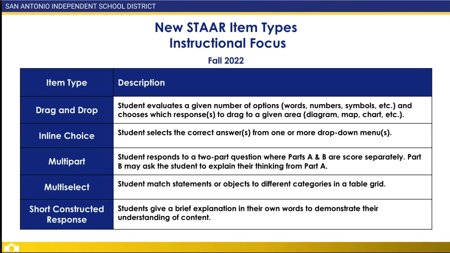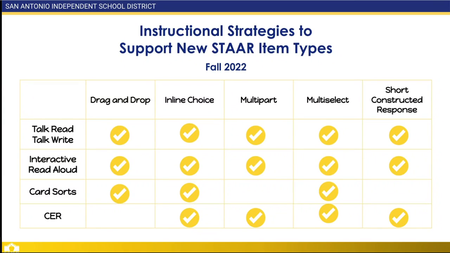Now let's take a look at some classroom instructional strategies that will support students. The Curriculum Instruction and Assessment Department have developed the following template to be shared with teachers to support them with 4 instructional strategies to prepare students for the inclusion of new item types on the STAAR.